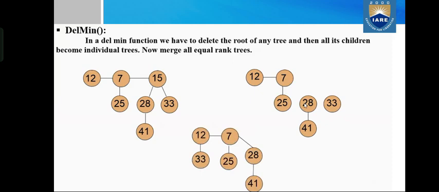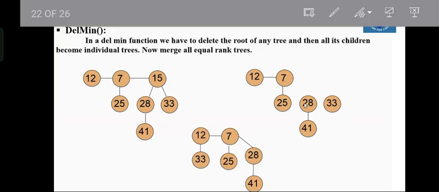Then all the trees are individual. Now we have to join each tree with the same rank, and as a result the tree becomes 12, 7, 33, 25, 28, and 41.